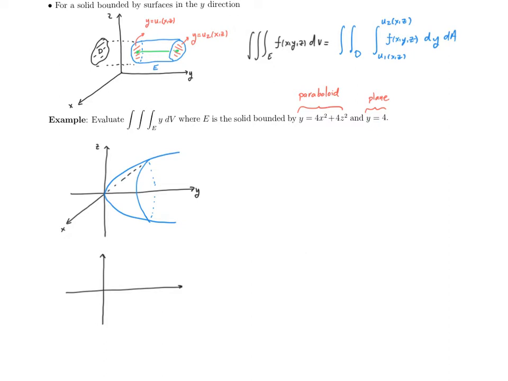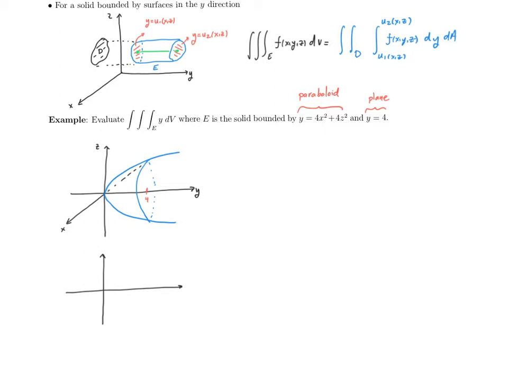The plane y equals 4 is going to cap our solid off in that larger y direction. And I'm going to assume, for simplicity, that 4 corresponds to where I've drawn the circle to provide depth.